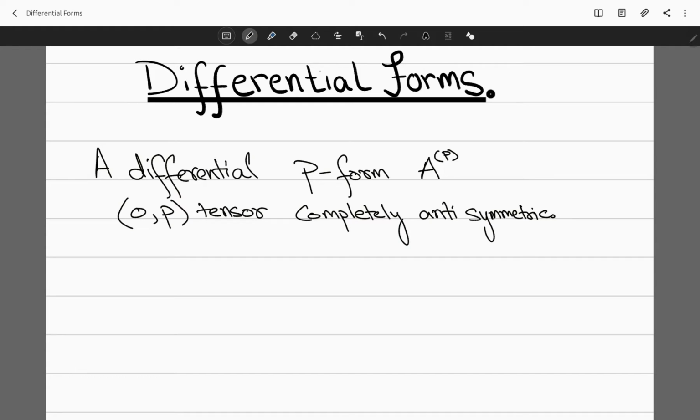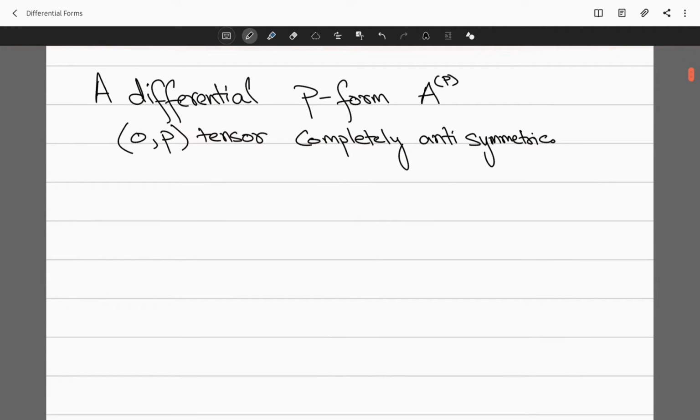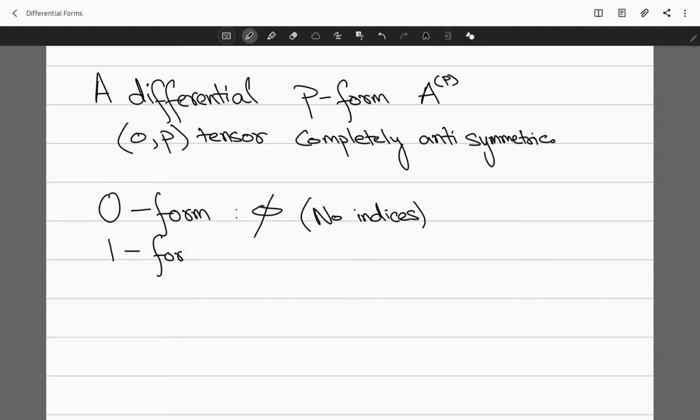Right. Now we can write this in terms of components. For example, a zero form, that is p equal to 0, would be simply a scalar, with no indices. Then we could have a one form, that is actually a dual vector, A_mu.